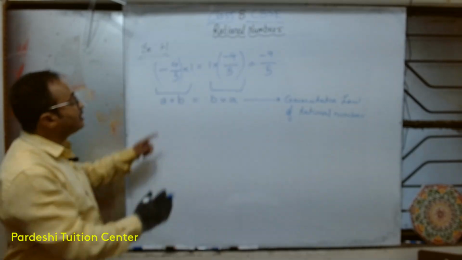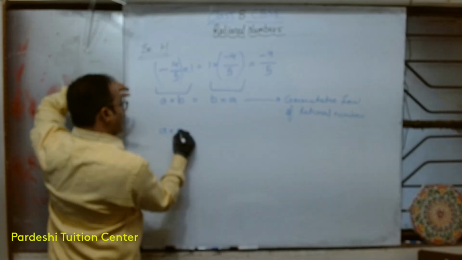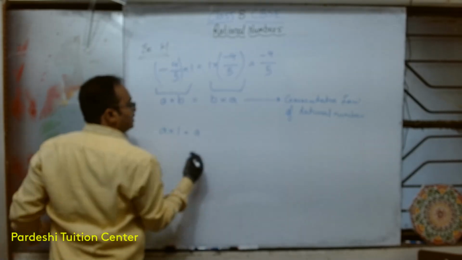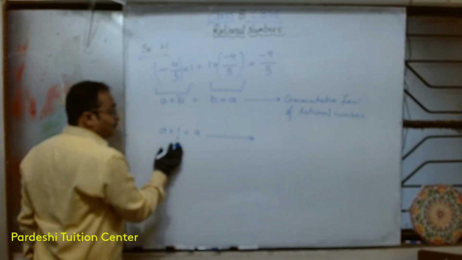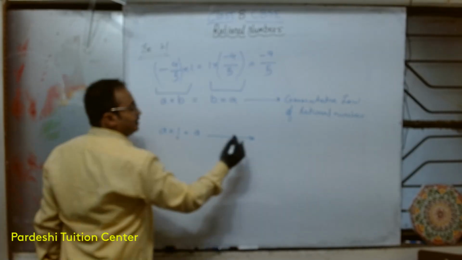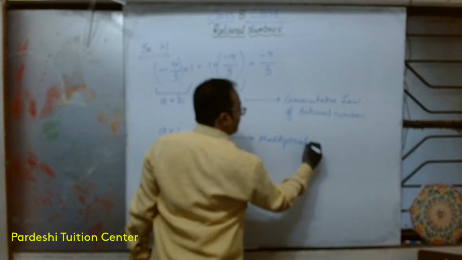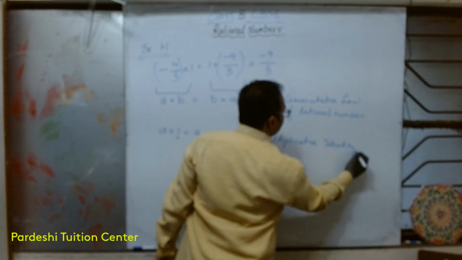If I consider this A, A multiplied by 1 is equal to A. This 1 is the multiplicative identity. So there are two properties used here.